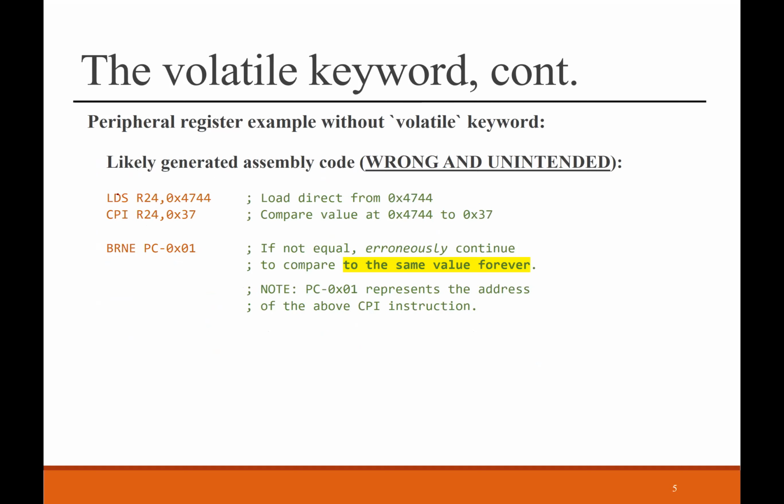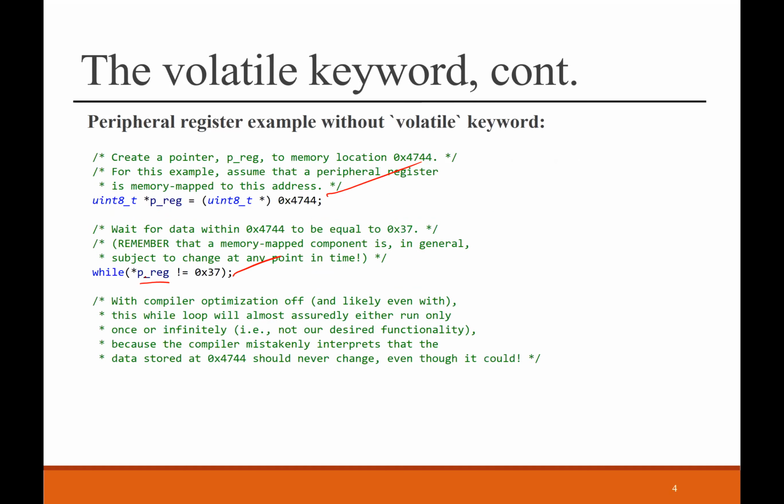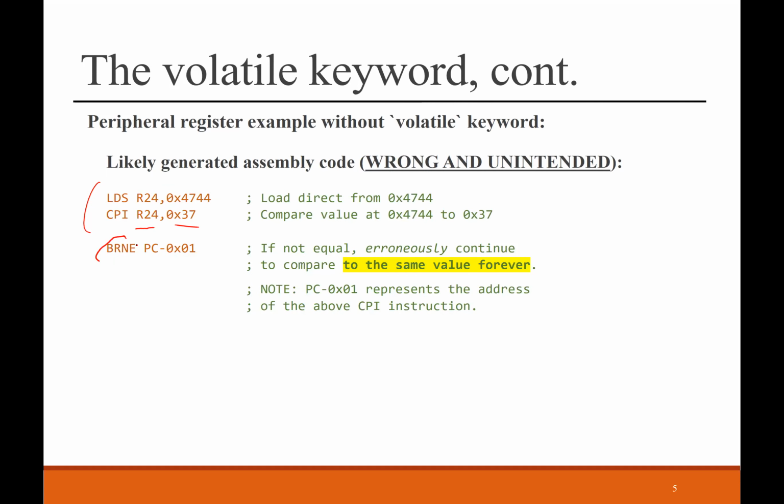So this says, and we know this assembly language, load what's in location 4744 into register 24, and then compare what's in register 24 to the 37. Well, that's exactly what we're saying here: compare what's in location 4744 to the number 37. But then branch if not equal, program counter minus 1 says, okay, if it's not equal to 0, go back to this line.